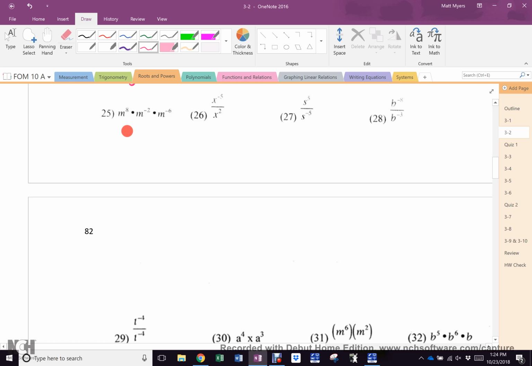Close. What's 8 plus -2 plus -6? 0. What is anything to the 0? 1. This is a little hard to see. It is x to the -5 over x squared. And we are up to Hayden.